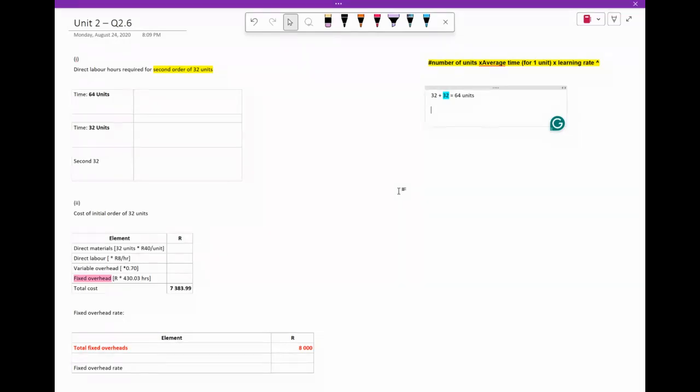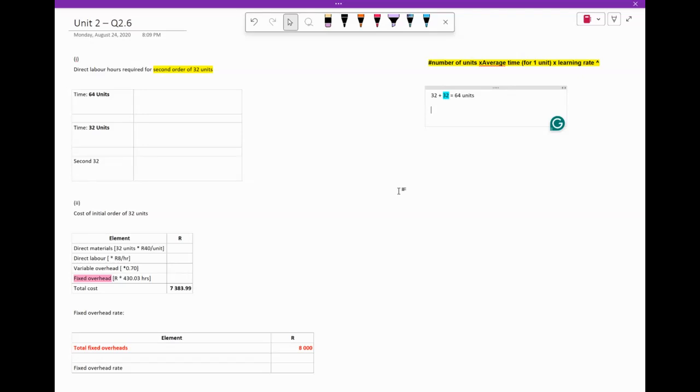Okay, so under 2.6, under the required, it says calculate the number of direct labor hours required for a second order of 32. Then it goes on to say, using the data provided, estimate the product cost of the initial order of 32.